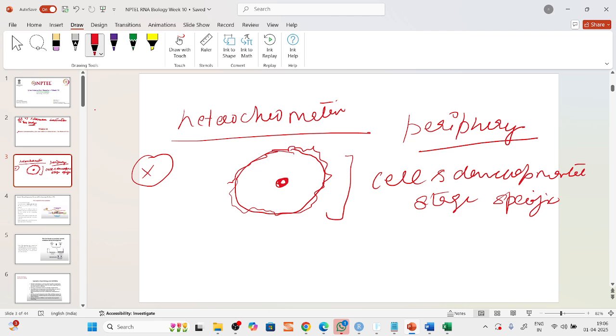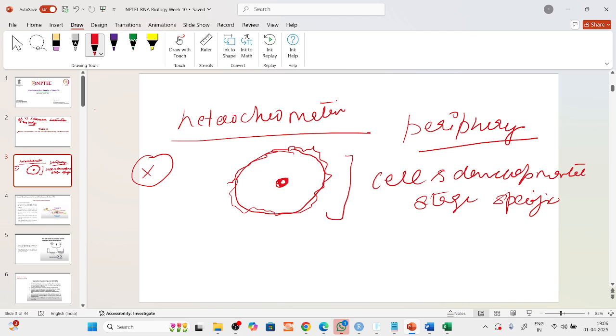So the genes which are actively transcribed, those genes are present in the nucleus. Genes which are repressed in that particular cell and developmental stage, or which are inactive in that cell and developmental stage, will be present on the periphery. So this is the cell and developmental stage specific expression of genes.